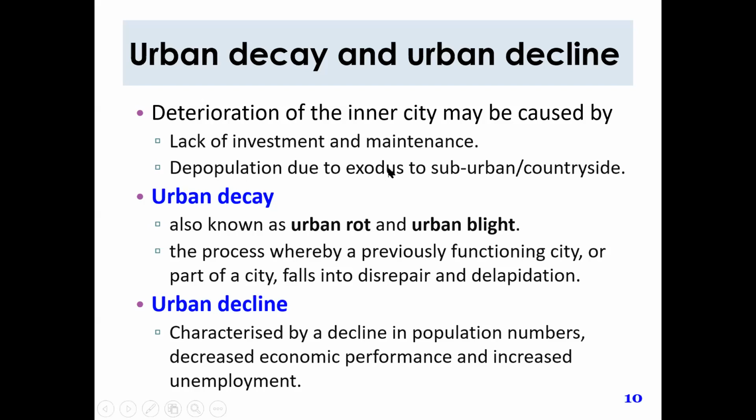It will deteriorate, it will become bad. And depopulation due to exodus. Exodus means a mass moving away of the population from the city center to the suburban or to the countryside area. Okay, that's the difference between decay and decline. There's a difference in terms of concept, but in terms of language, maybe they say it's the same.